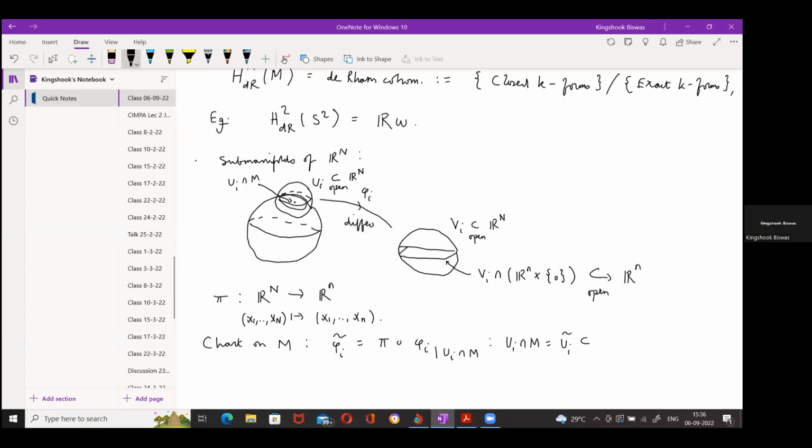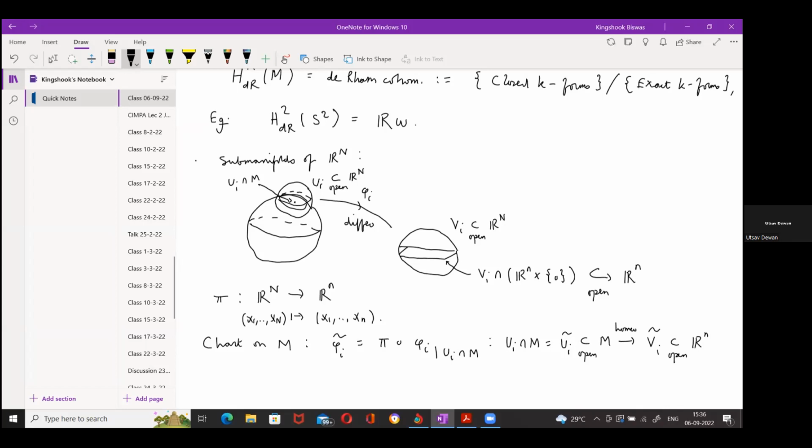This is an open subset of M. This goes homeomorphically to some Vi tilde, which is an open subset in Rn. All right. Is this okay?